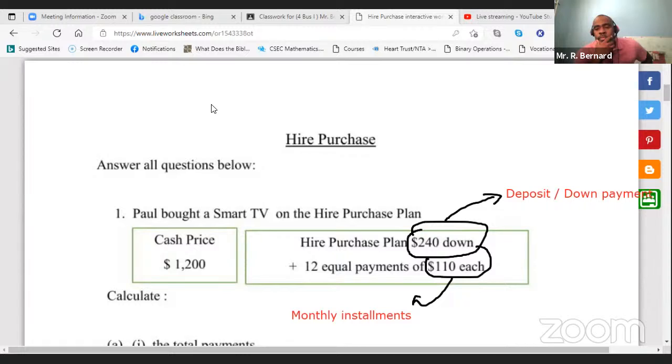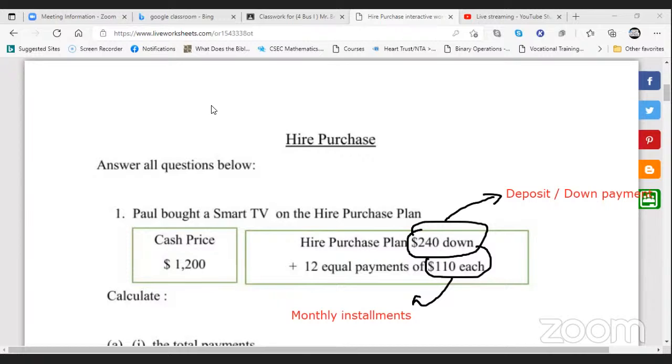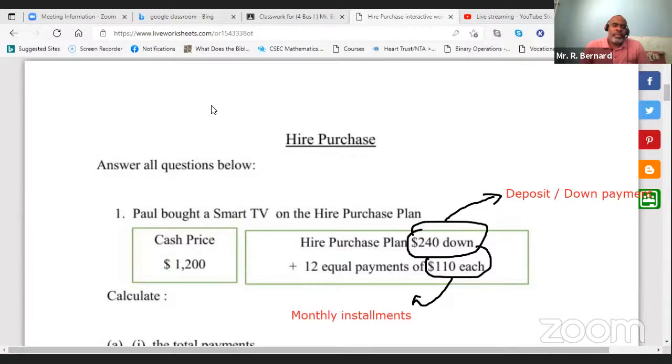The question is, after the 12 months, how much money in all would you have already paid? What do you do to find that out?